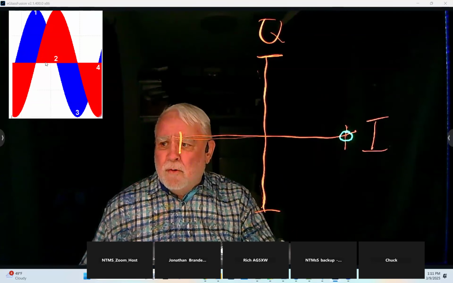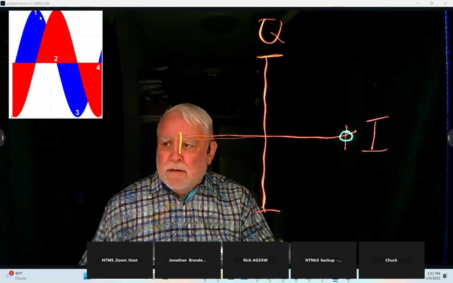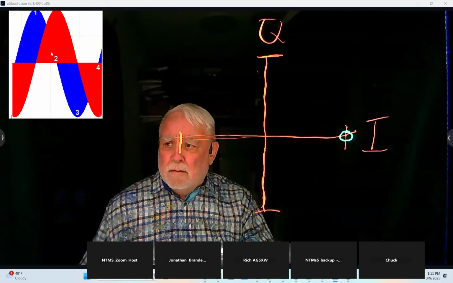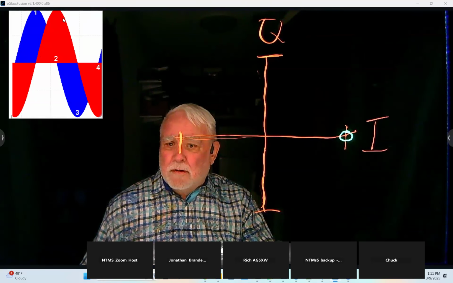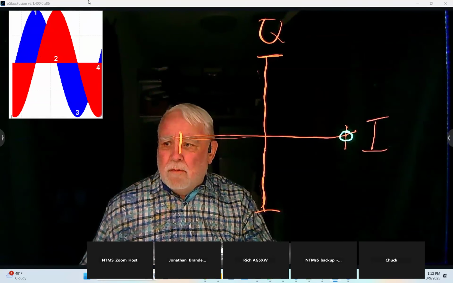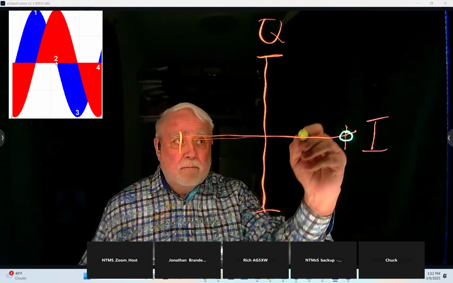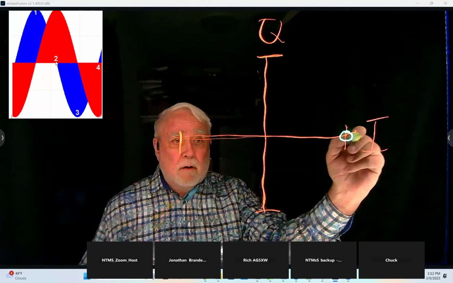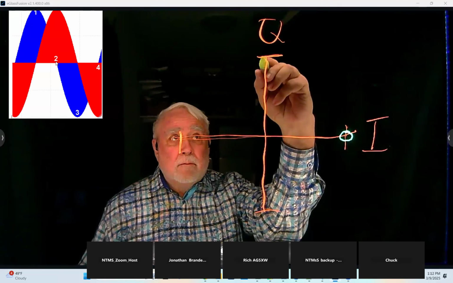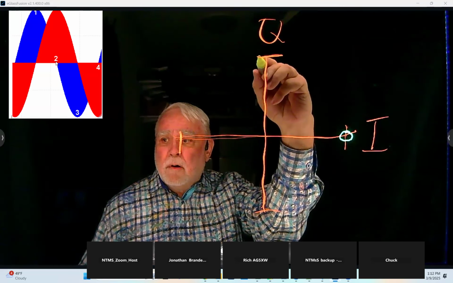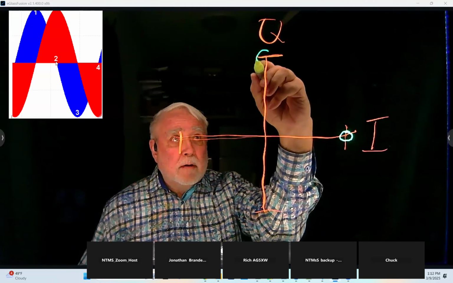And then there is a smooth curve that sees a descending value on the real signal and a rising value on the imaginary signal. And so when we reach point 2, we've now come to 0 on the I-axis, and we've reached a positive 1 on the Q-axis.